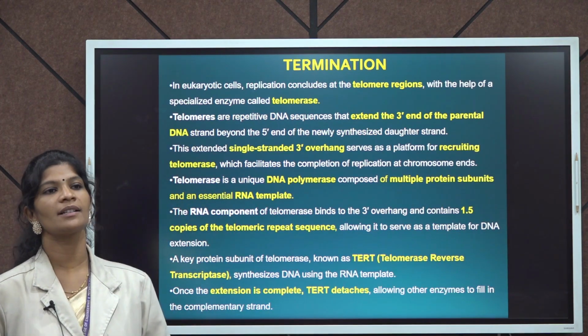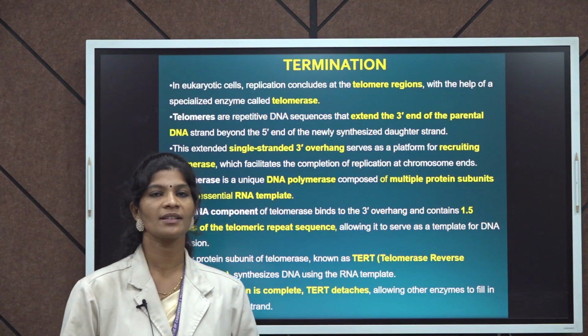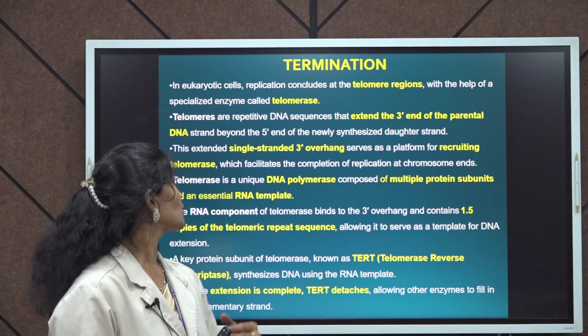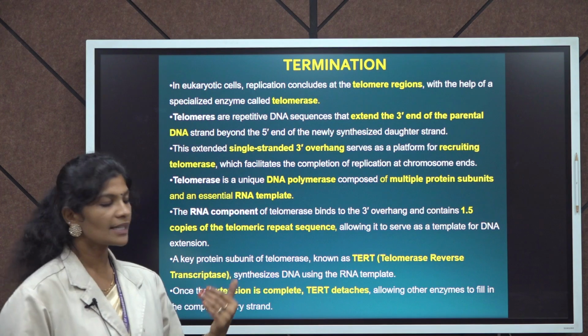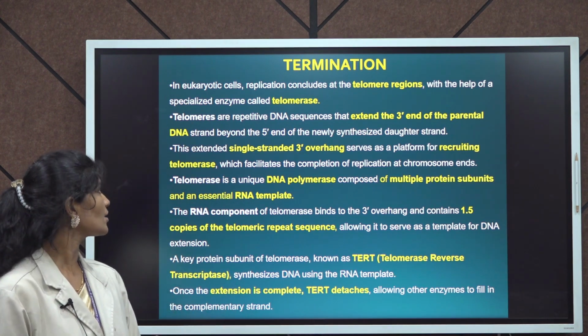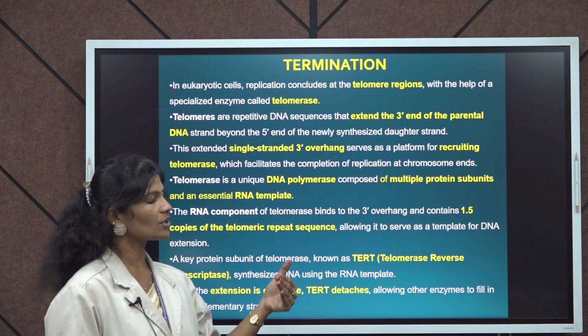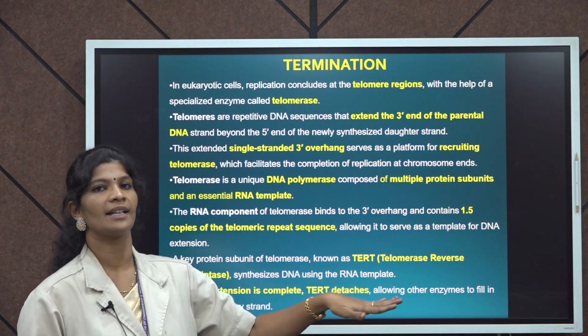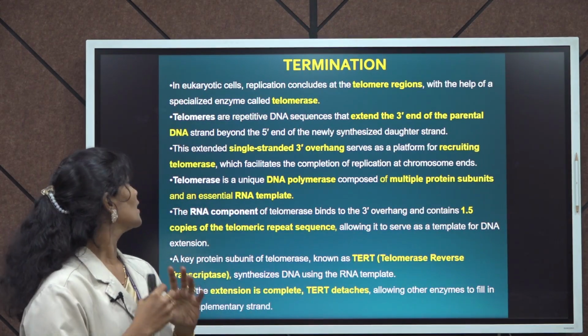And the last step is the termination process. You know, in eukaryotic cells we have telomeres at the end. So, telomeres are synthesized by an enzyme called telomerase, which extends the 3' end of the parental strand. It has overhanging ends at the 3' end.